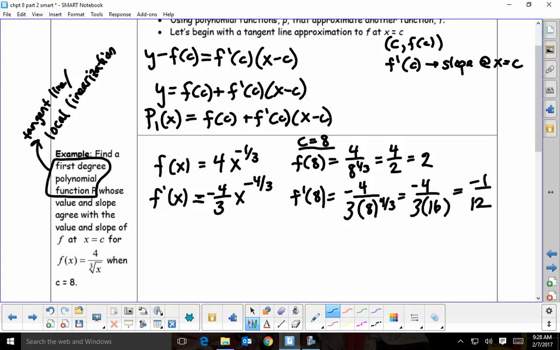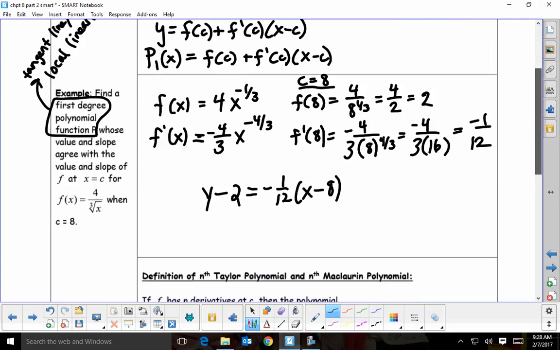So now I can say that my first degree polynomial is y minus what? 2. y minus 2 equals negative 1/12 times x minus 8. But we're going to write that in terms of p sub 1. So p sub 1 of x is going to equal what now?